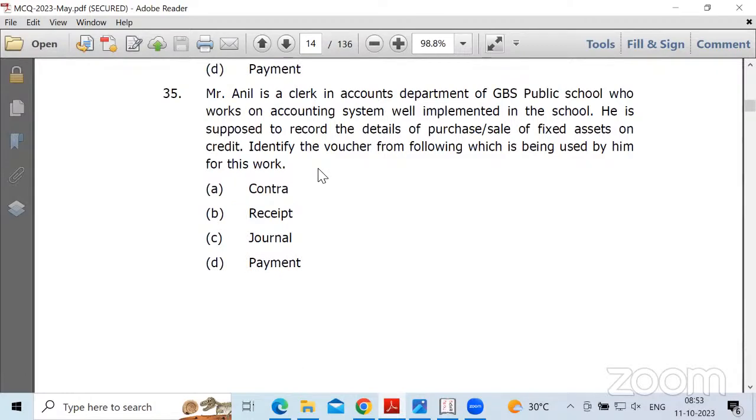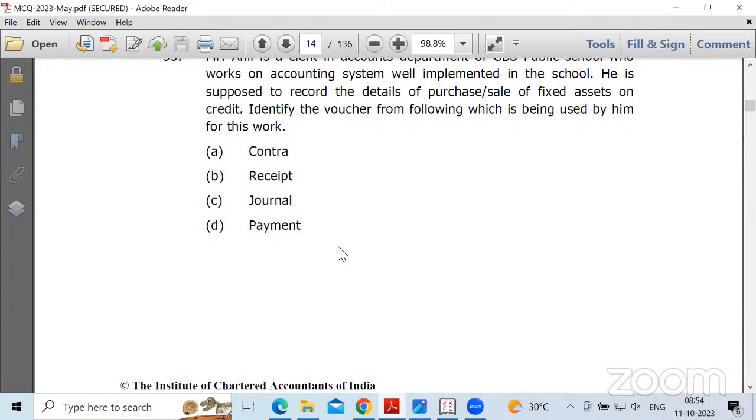Mr. Anil is a clerk in the accounts department of GBS Public School. He is supposed to record the details of purchase or sale of fixed assets on credit. Identify the voucher used by him for this work. Contra, receipt, journal, payment. So this is journal.